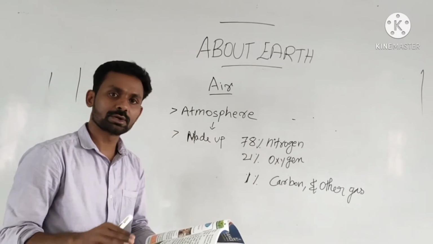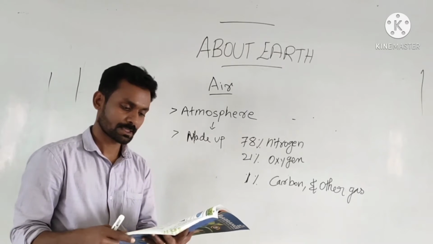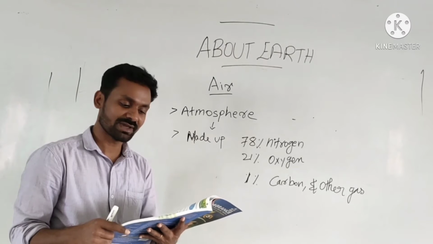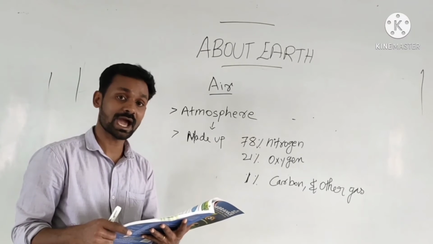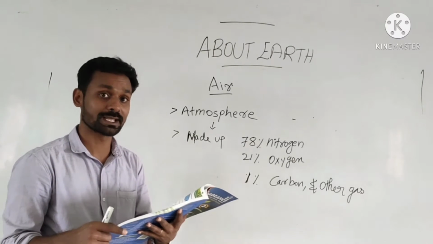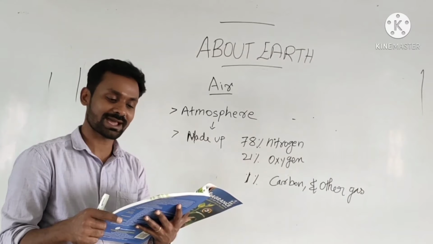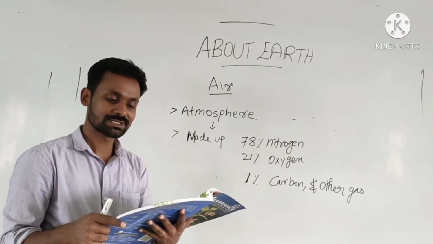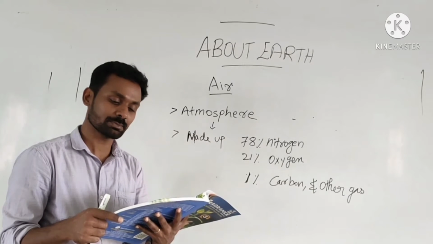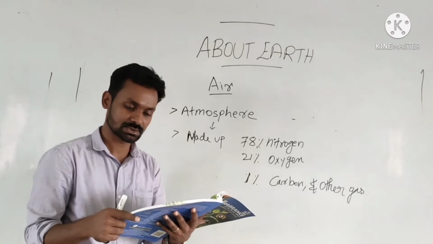Next we are going to discuss the topic air. The Earth is surrounded by a layer of air called the atmosphere. This air enables us to breathe. The Earth's atmosphere is made up of gases such as nitrogen 78%, oxygen 21%, and carbon dioxide and other gases 1%.